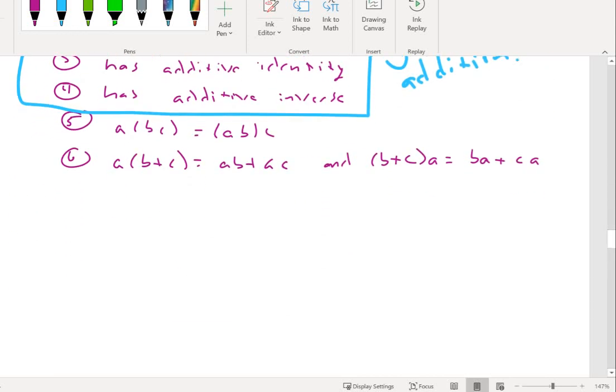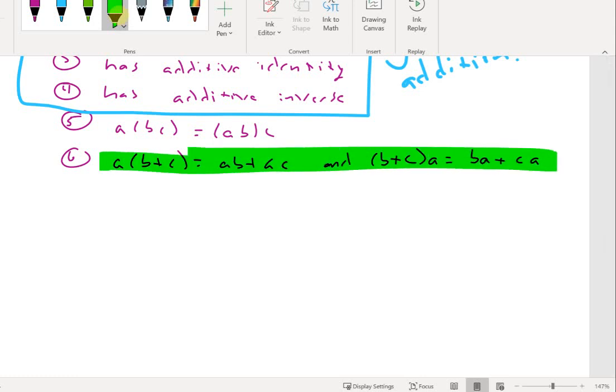But here's what happens. This statement right here forces it to be an abelian group. There's no choice.